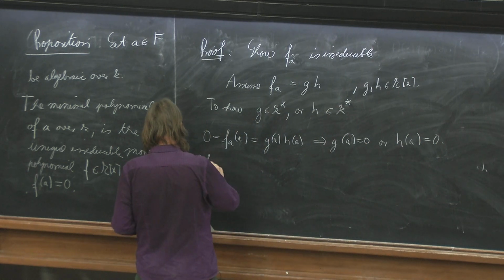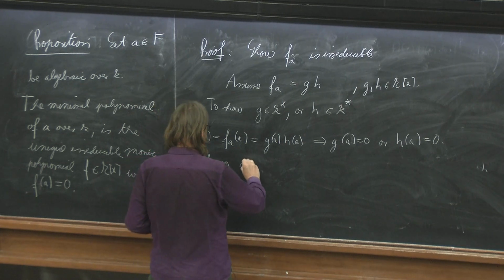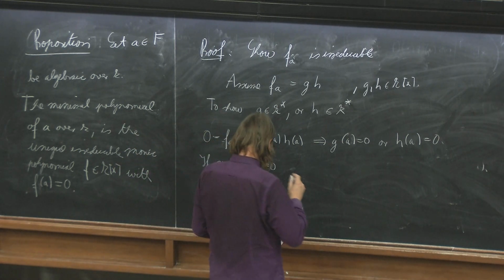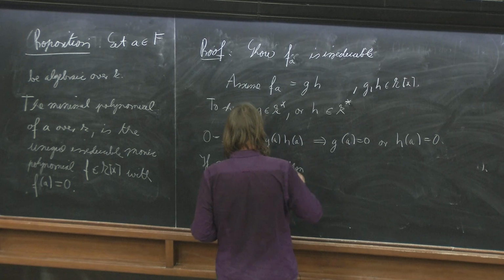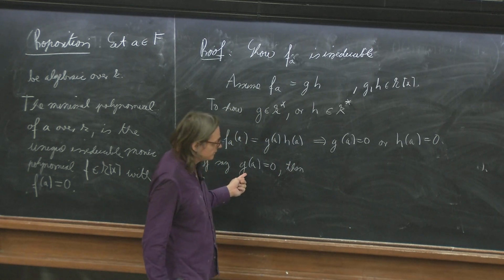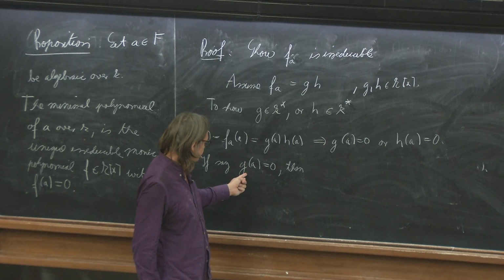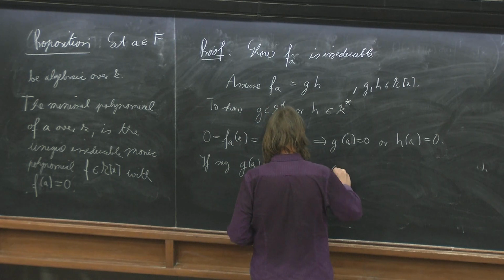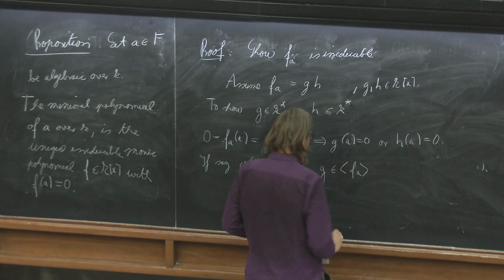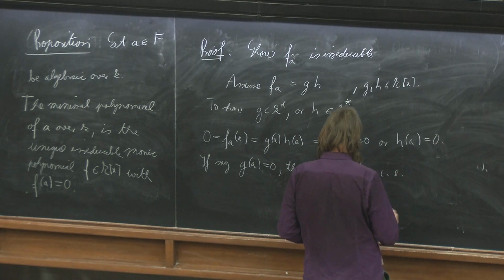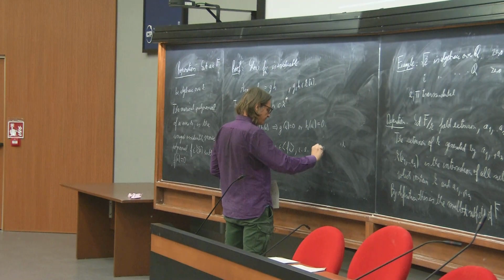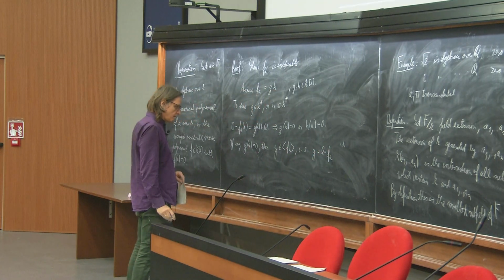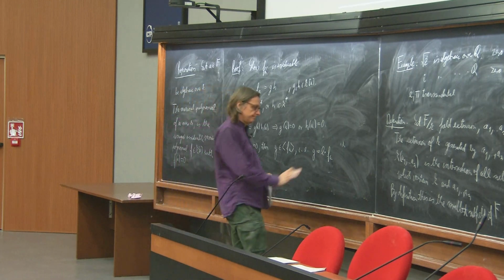So if, say, g(A) is equal to 0, it means that g is in the kernel of the evaluation homomorphism at A, so therefore g is in the ideal generated by f_A. Thus, we can write g equal to l times f_A for l in K[x].